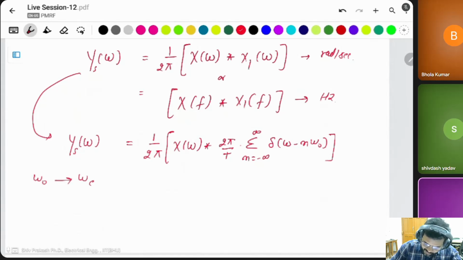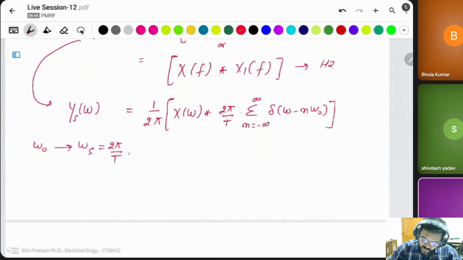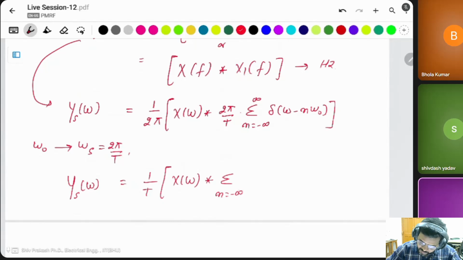Here n omega naught is the sampling frequency, and 2 pi by T is related to the time period. The 2 pi will cancel out, and only 1 by T remains here: 1 by T, X(omega) convolved with the summation of delta(omega minus n omega naught).